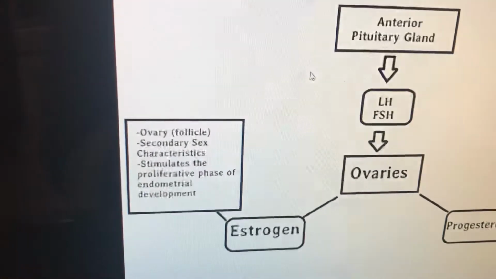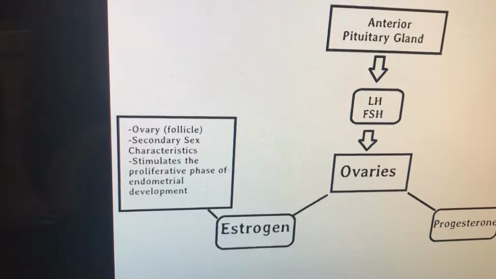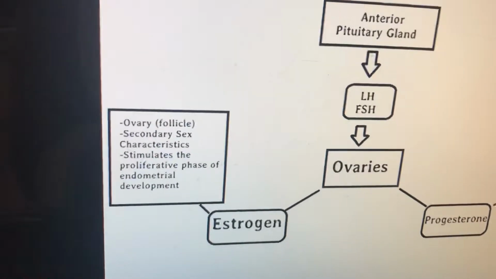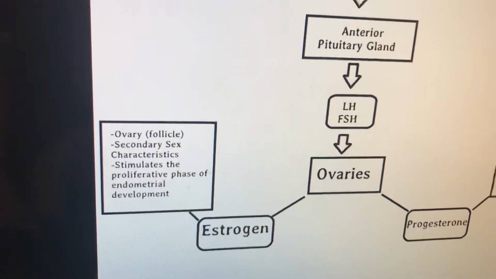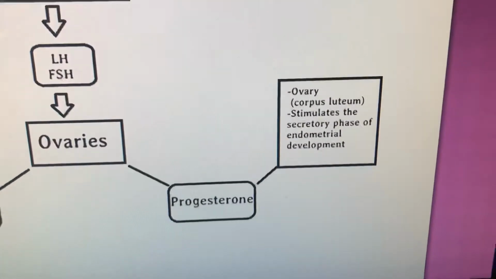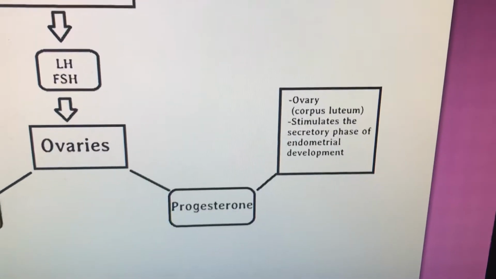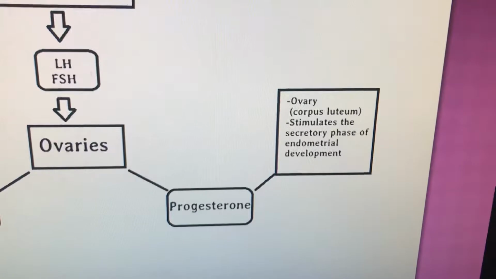And so estrogen deals with the follicle and secondary sex characteristics. It also stimulates the proliferative phase of endometrial development, which we'll talk about in a few minutes. Then you have progesterone. This is the corpus luteum, and it stimulates the secretory phase of the endometrial development.